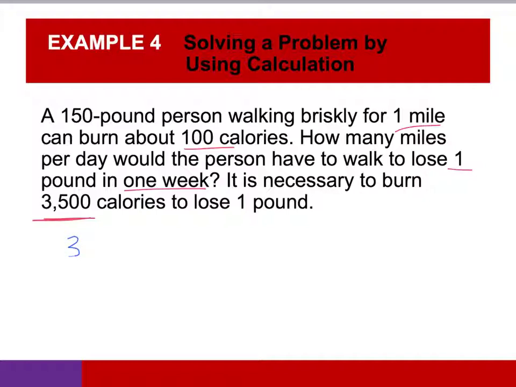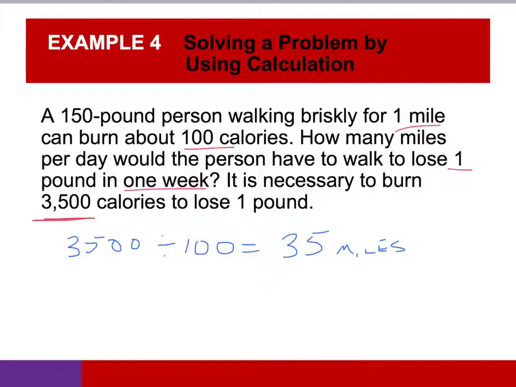So if I take 3,500 and divide that by 100, because there's 100 calories in a mile, that tells me I would have to walk 35 miles just to lose a pound. So walk from Lancaster to basically the upper part of Columbus. Nice.